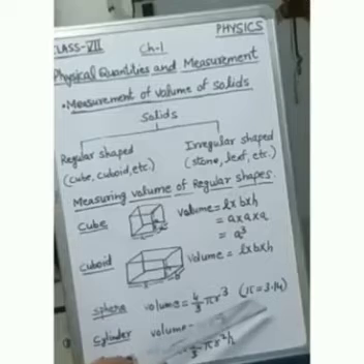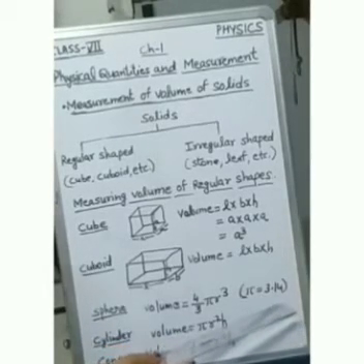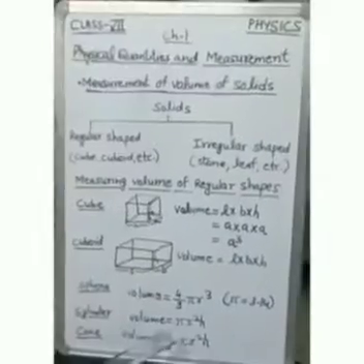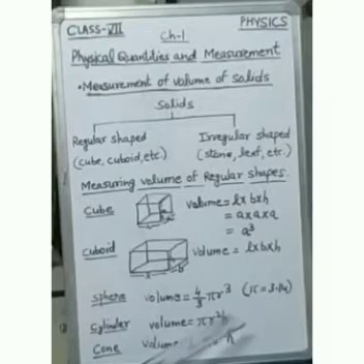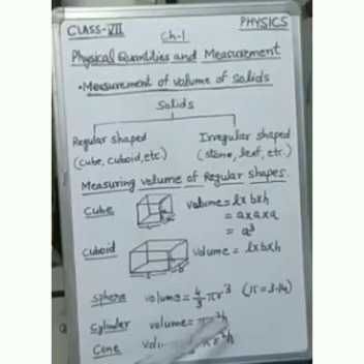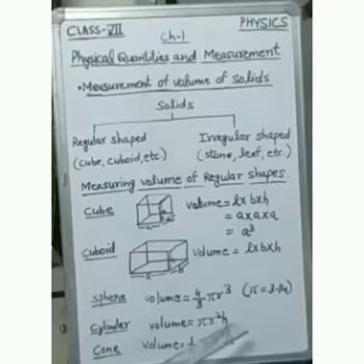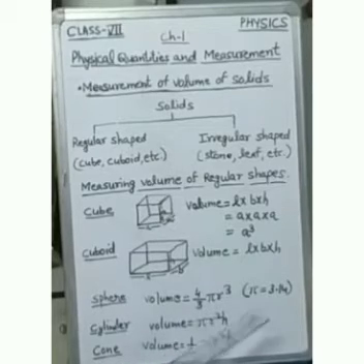This sign is called pi and its value is approximately 3.14. Now cylinder, the volume of a cylinder is equal to pi r square h, where r represents radius and h represents height.